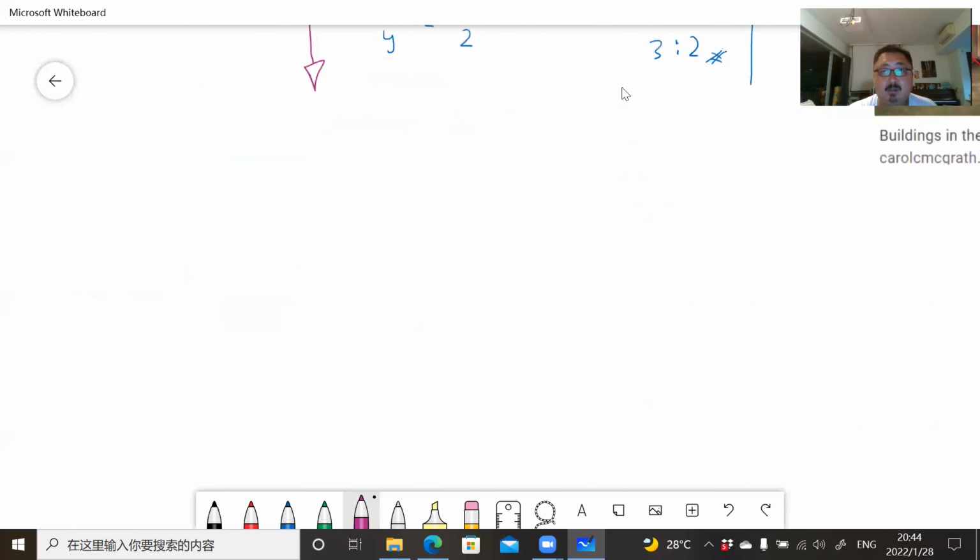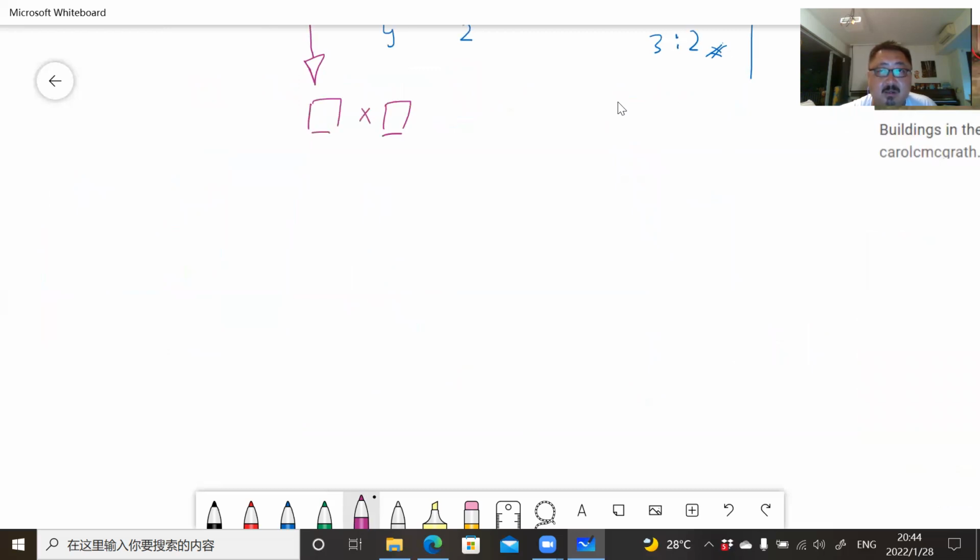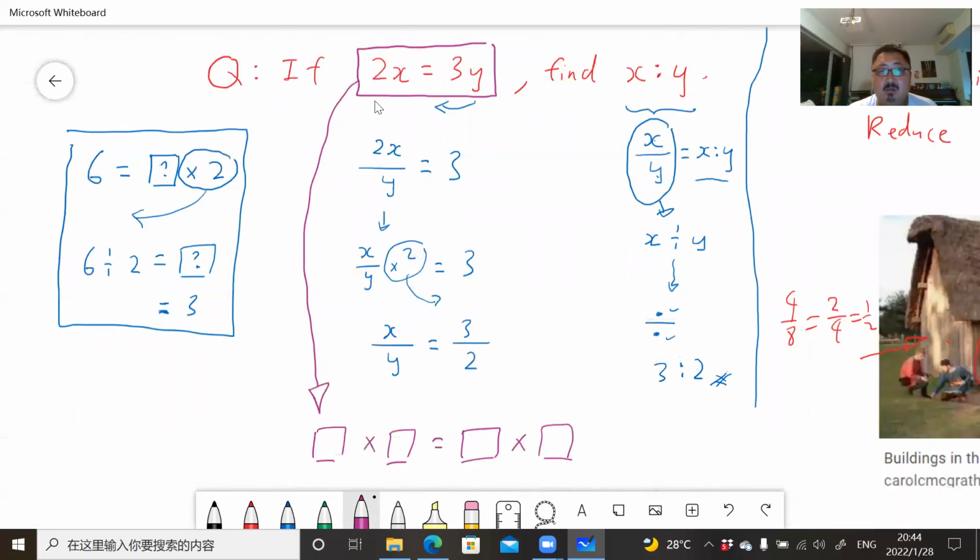Yes, we can. We need something times something equals something times something, which is basically what we had earlier. 2x is 2 times x, something times something. 3y is 3 times y, which is something times something.